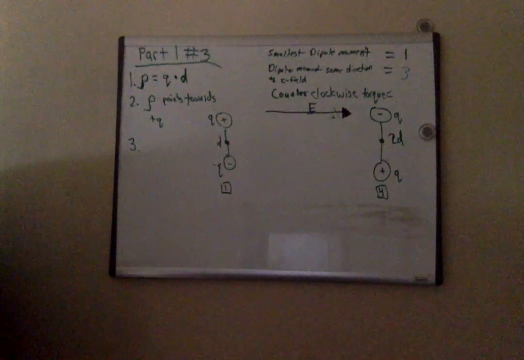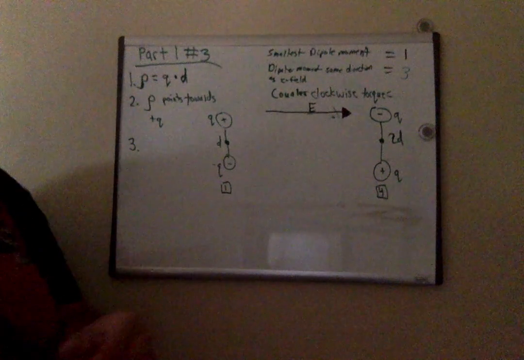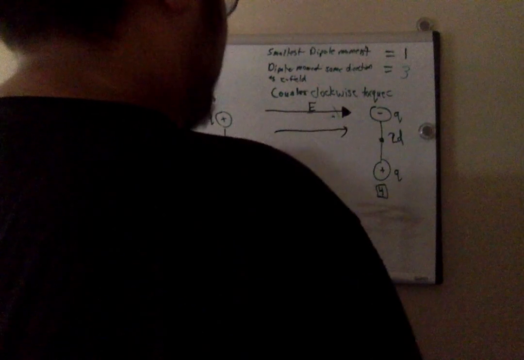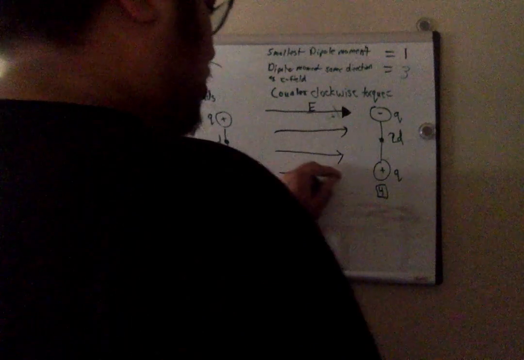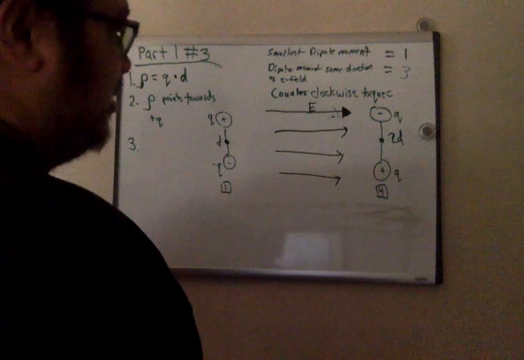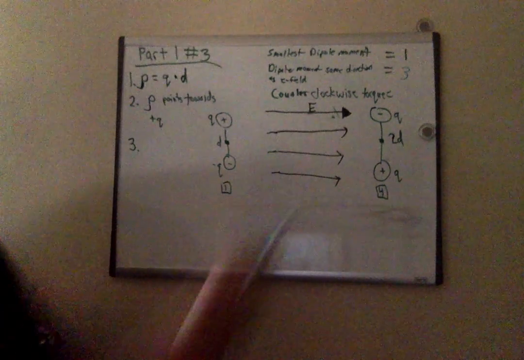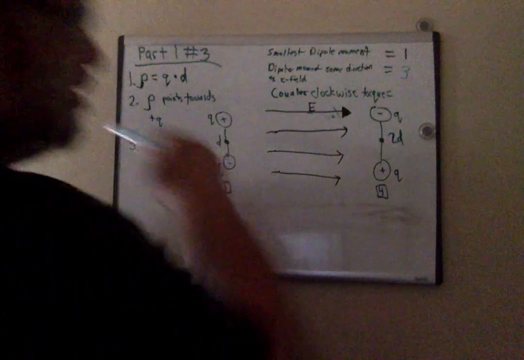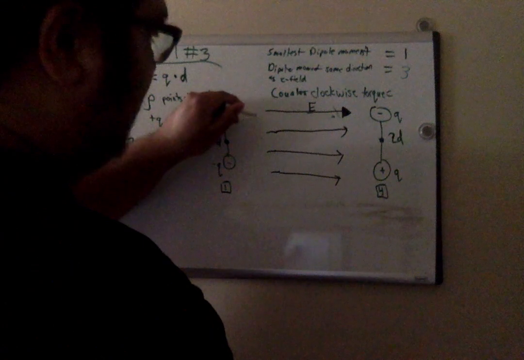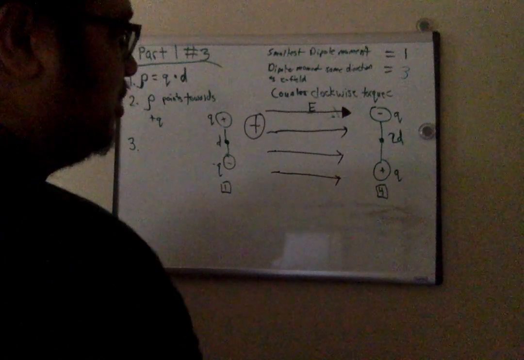Okay, so if we have an electric field off in this direction, remember that electric fields start on positive charges. So it could be that there's a positive source charge here.